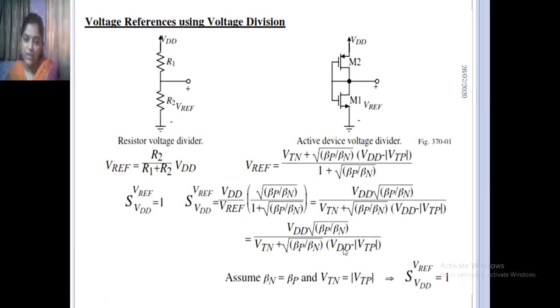So this is the stability. Assuming that the beta factors are equal and VTN is equal to VTP, this value comes out equal to 1. Okay.